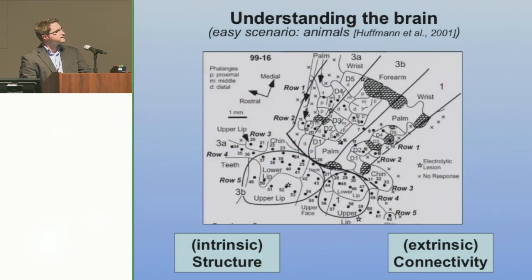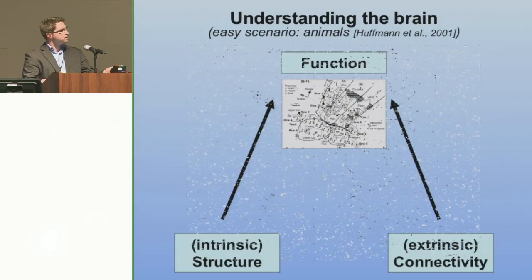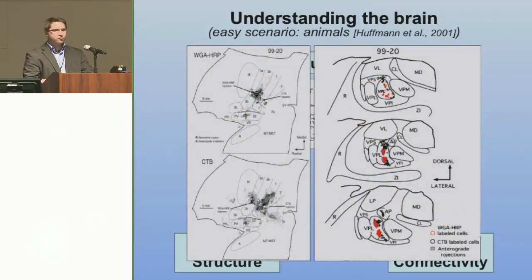Now, there's a very easy scenario to do that, and that's in non-human animals. There we can use, for example, electrode recordings to record the responses to different stimuli, and then in the same animal, at exactly the same location, we can inject tracers to find the connectivity at the cellular level.